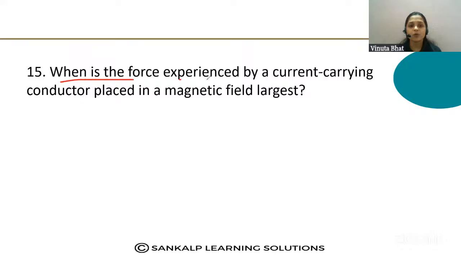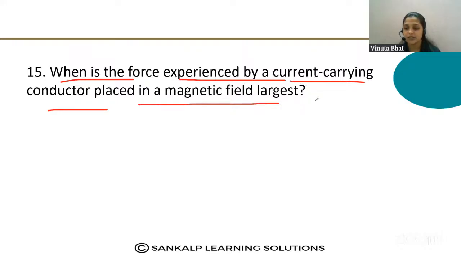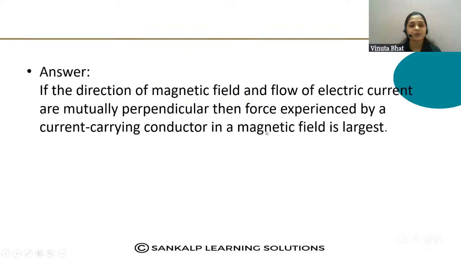When is the force experienced by a current carrying conductor placed in a magnetic field largest? So when is it largest? If the direction of the magnetic field and the flow of the electric current are mutually perpendicular, then the force experienced by the current carrying conductor in a magnetic field is largest.